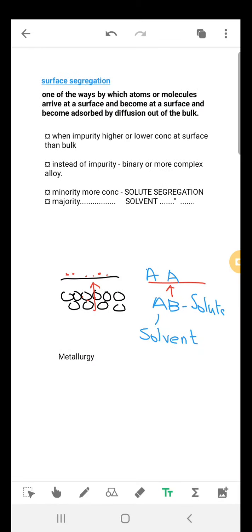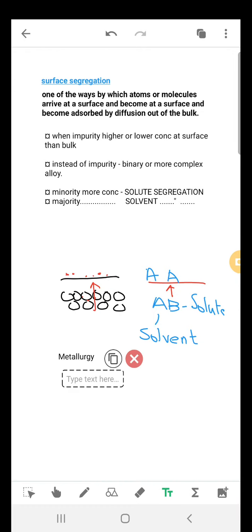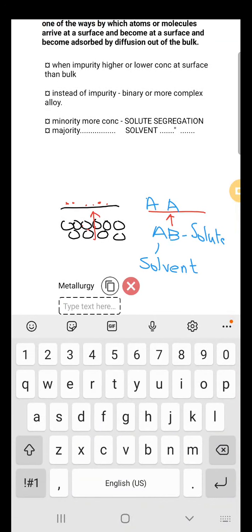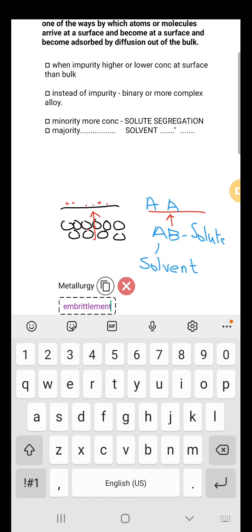For example, embrittlement of an alloy can take place by segregation of impurities to grain boundaries.